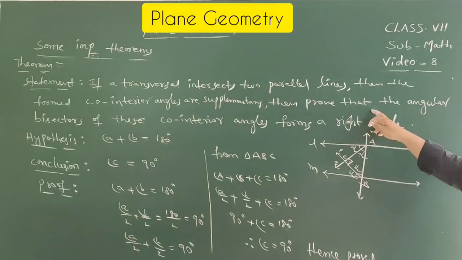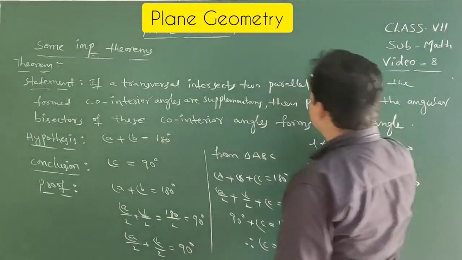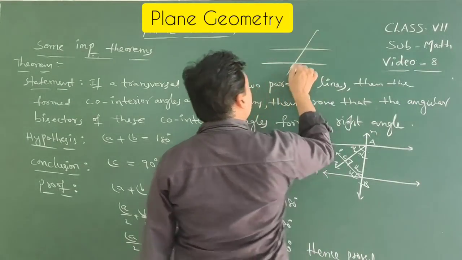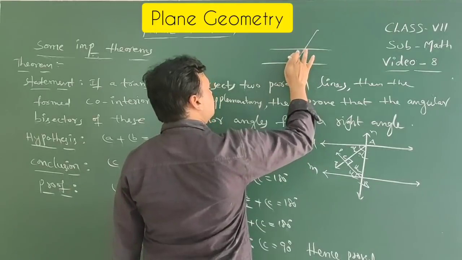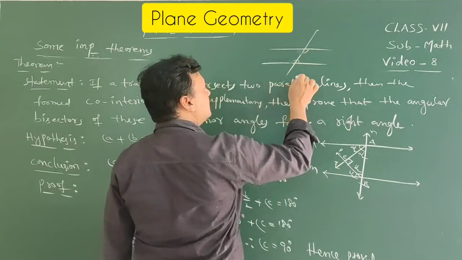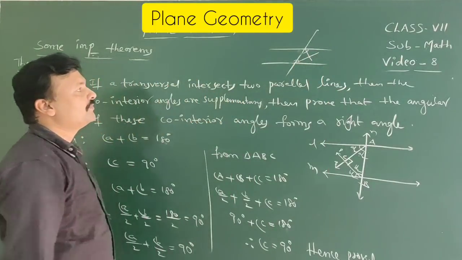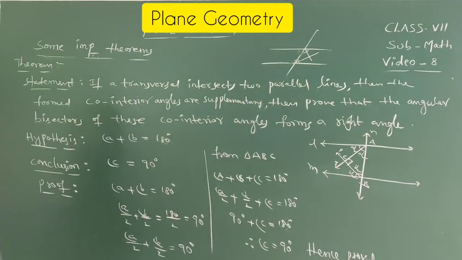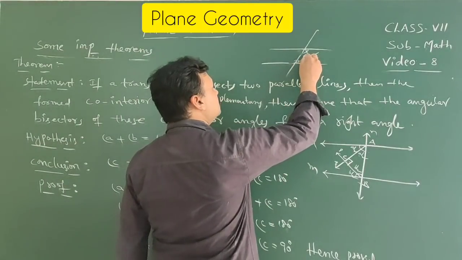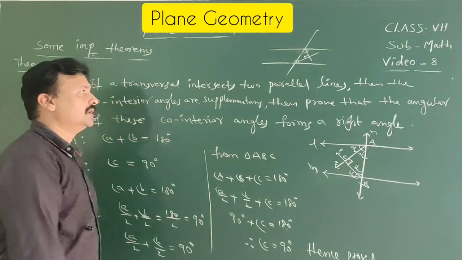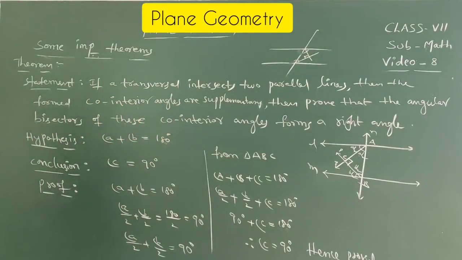Then we need to prove the angular bisectors of these co-interior angles form a right angle. Here these are co-interior angles, and these are their angular bisectors. We need to prove they are perpendicular to each other, meaning 90 degrees.